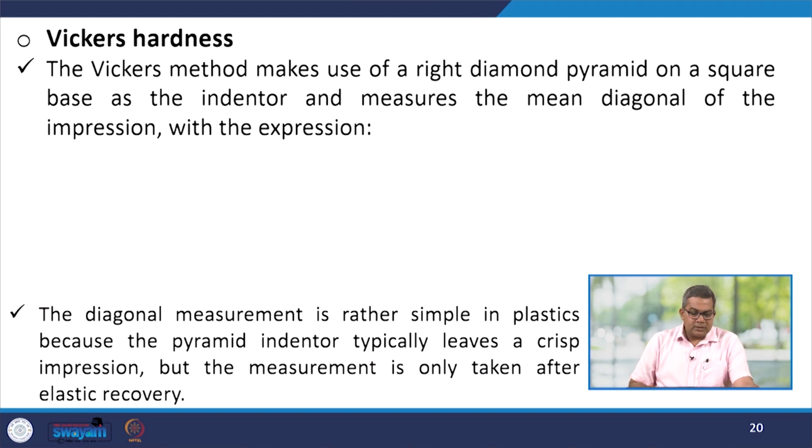The Vickers hardness. The Vickers method makes use of a right diamond pyramid on a square base as the indenter and measures the mean diagonal of the impression with this expression.